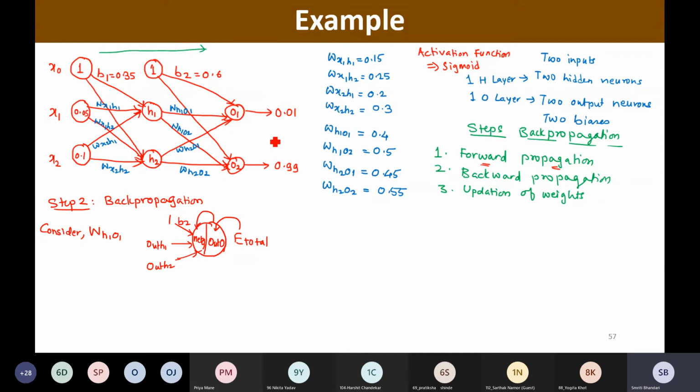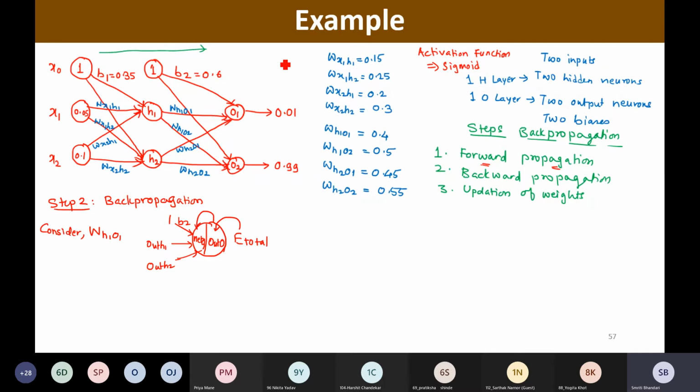So obviously, whenever I am computing the error, I am computing the total error of the neurons. So whatever is the error generated at output neuron 1, output neuron 2, and so on. So I am having lots of neurons, maybe. So the error associated with every neuron is actually contributing to my actual total error, right?